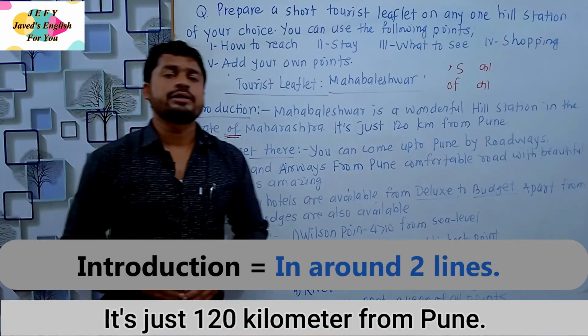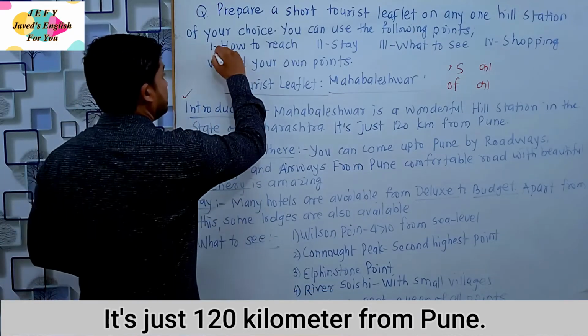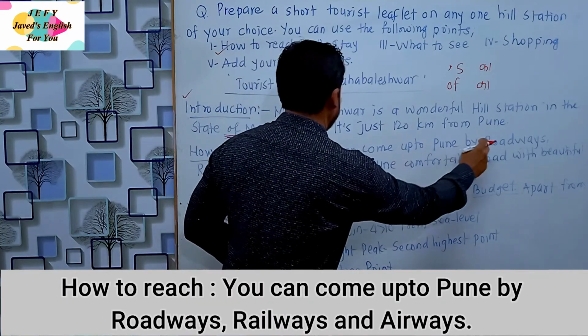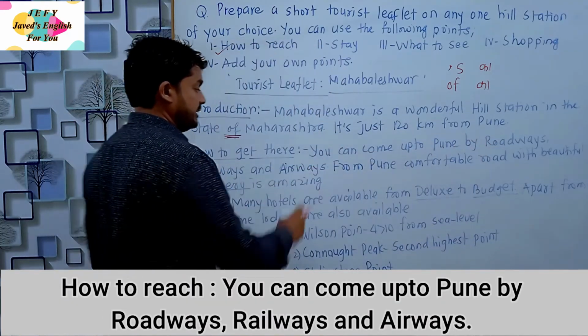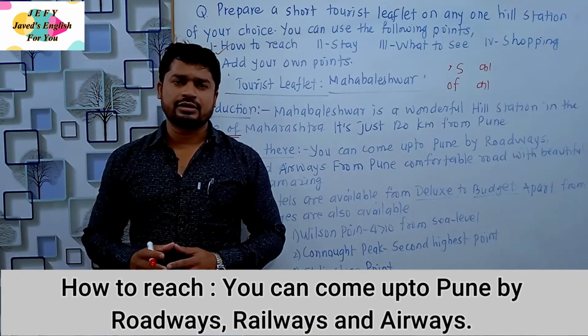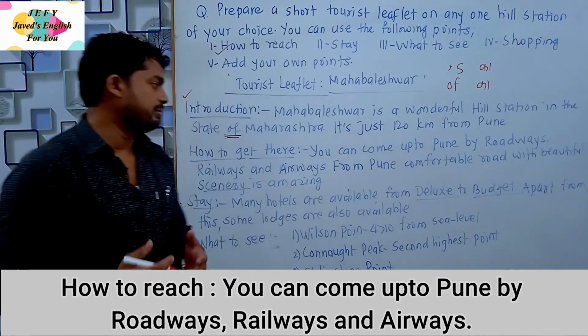How long should our introduction be? Around 2 lines. Okay, the very first point, how to reach. You can come up to Pune by roadways, railways and airways. Now your friend, let's say he lives in America, USA. He doesn't know how to come up to Mahabaleshwar.